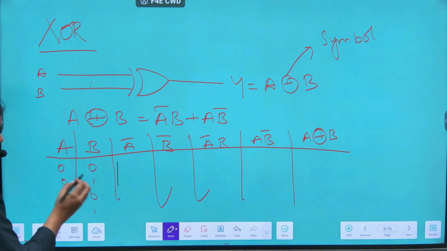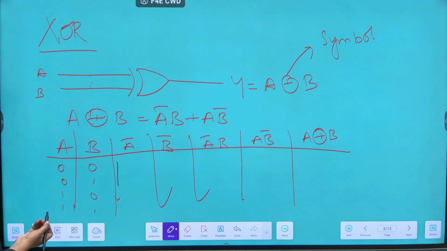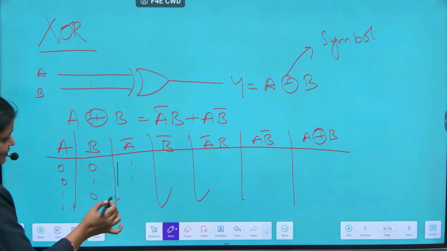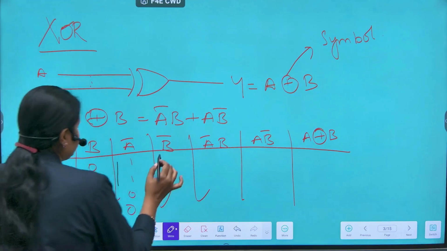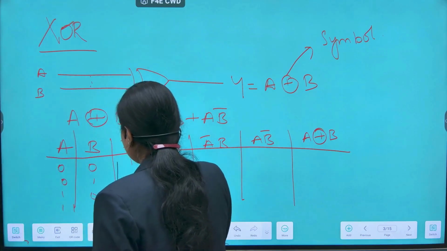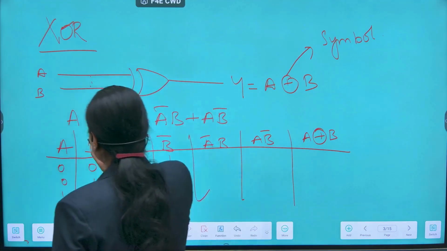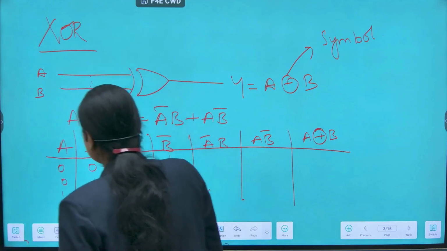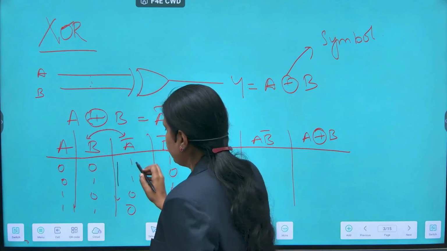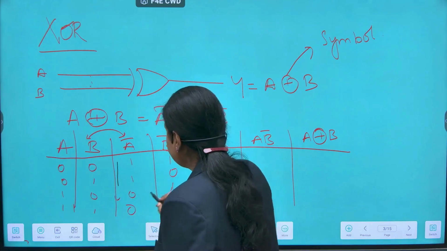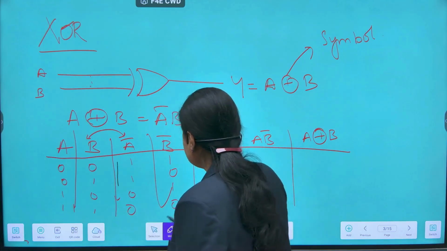A bar, we know, is the complement. So 0 0 changes to 1 1 and 1 1 changes to 0 0. Similarly, B bar will be 1 0, 1 0. A bar B: we are going to multiply these two things. So what do I get? 0 into 1 is 0. 1 into 1 is 1. 0 into 0 is 0. 1 into 0 is 0.